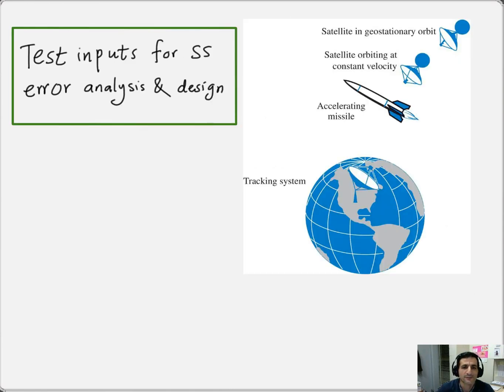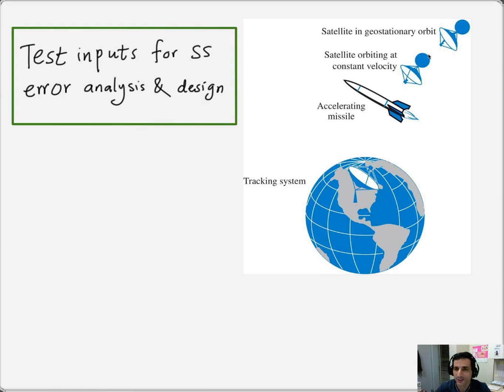So in this slide, I have shown 3 different test inputs for steady state error analysis and design. In fact, let's just assume that you have a tracking system installed on the surface of the Earth, and you want to track 3 different things. One would be a satellite that is a stationary target. The other one would be a satellite that orbits at a constant velocity, and the other one would be an accelerating missile.